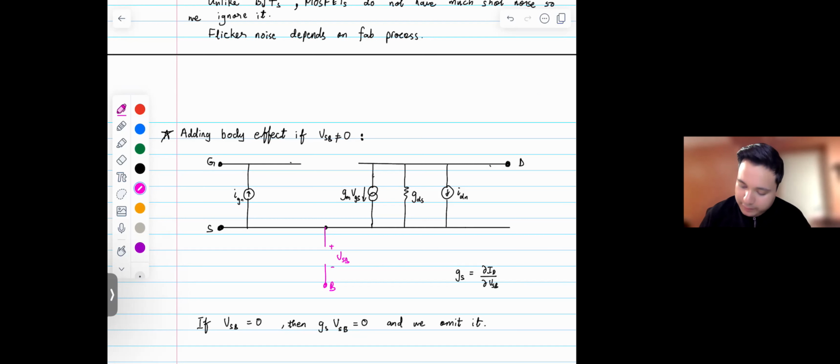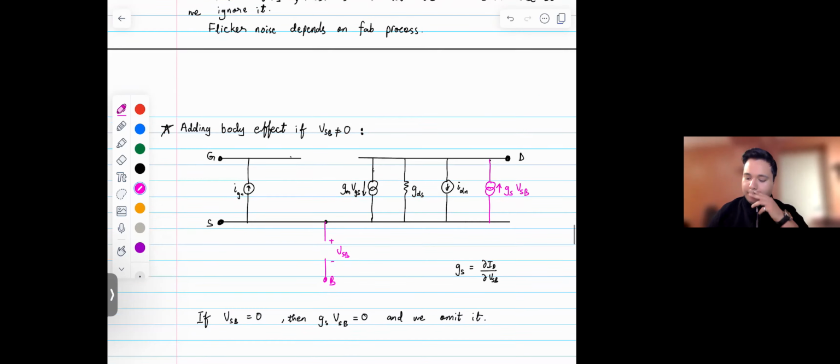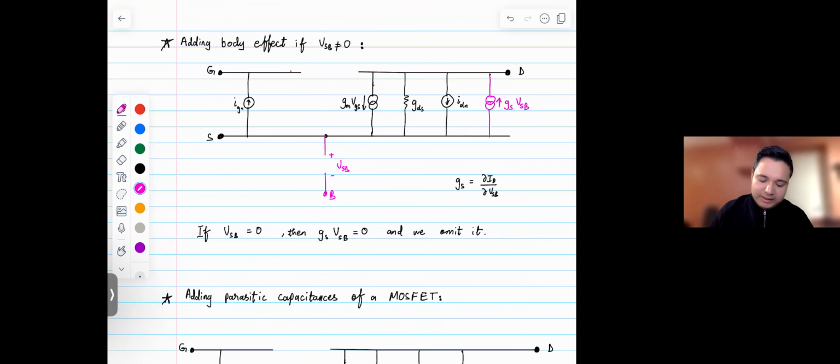Then we would also have another current source here, which is GS VSB. So what's this GS? Again, very similar idea. If you take the derivative of ID with respect to VSB, you would get GS.